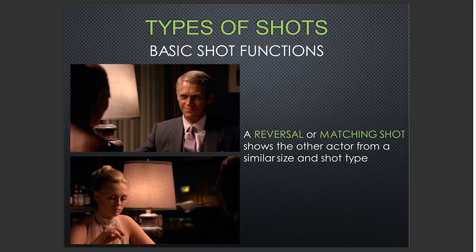In an interview, you might have somebody who's really animated, who likes working with their hands and talking with them, so by switching it, you want to think about matching that action. If she has her hand up right here and is moving, I should see that same motion match over here as I cut to it.